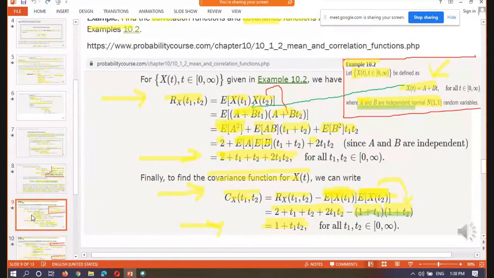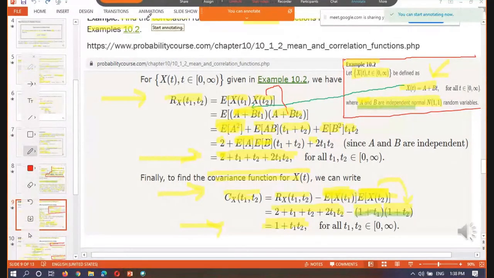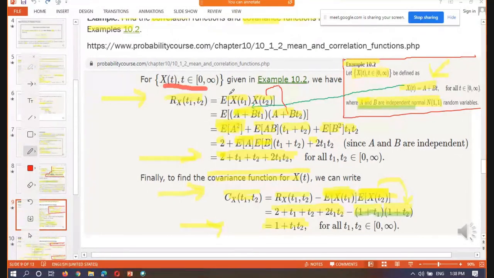Now this is one problem. X(t) is a random process, and you have to find its autocorrelation.